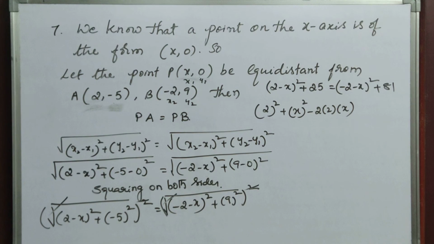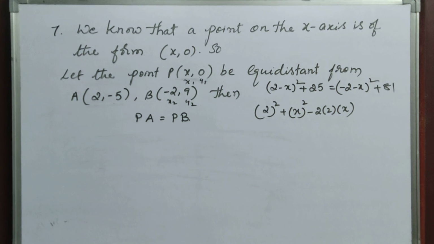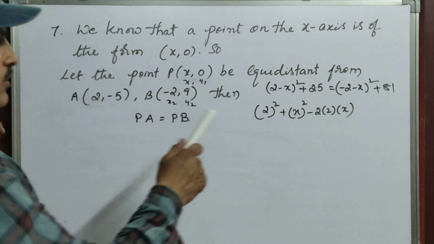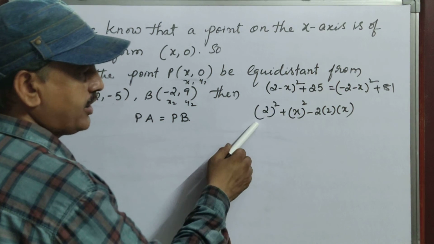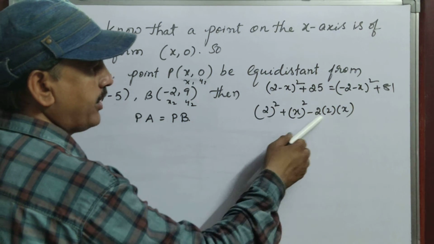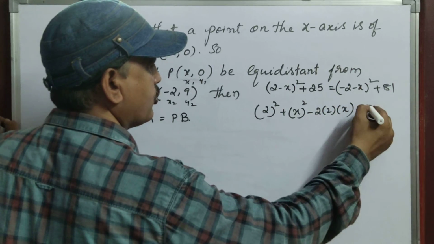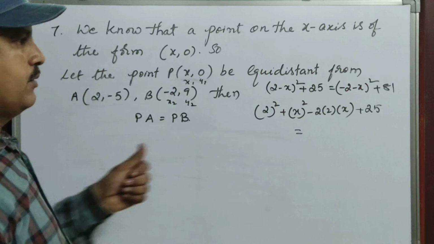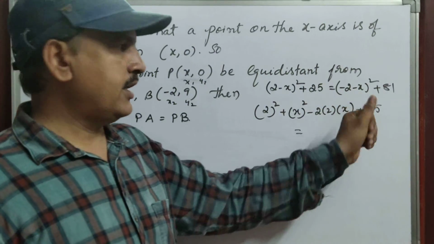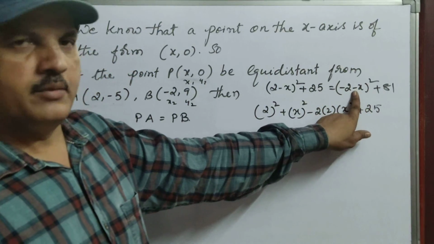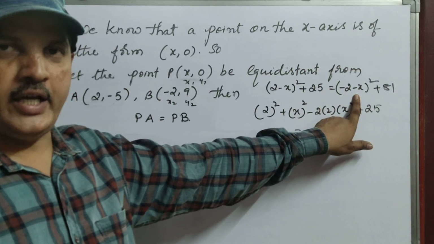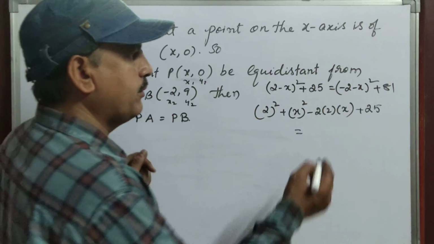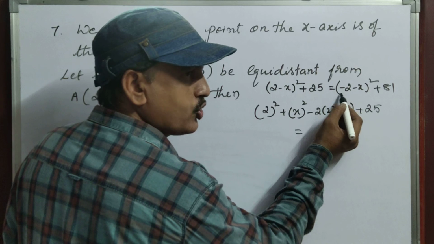Minus 2ab. Okay? I think the place is not sufficient, I'll do this on this side. Now 2 minus x means a minus b whole square: a square plus b square minus 2ab, plus 25, equals the right hand side. Minus 2 minus x, here this is also an a minus b whole square, but here a is minus 2.